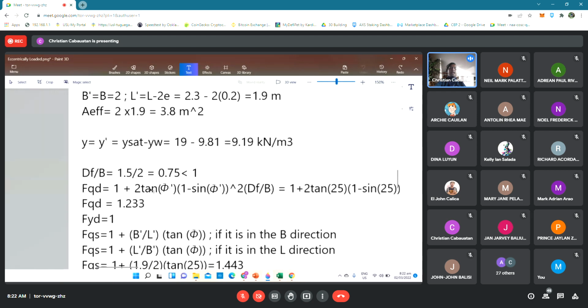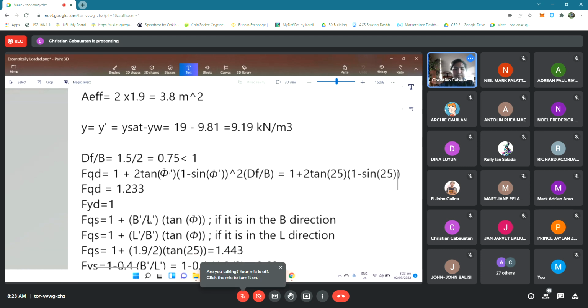Okay, and the F gamma d is equal to 1. Okay? And solving for Fqs, if it is in the B direction, yung ating Fqs is equal to 1 plus B prime divided by L prime times tan phi. Okay? Yung B doon, kasi we will not be using the original value.